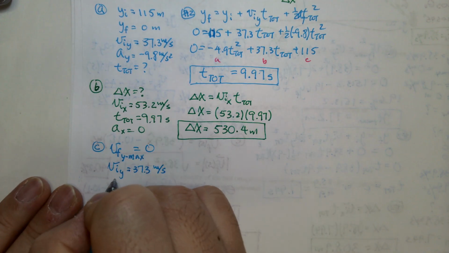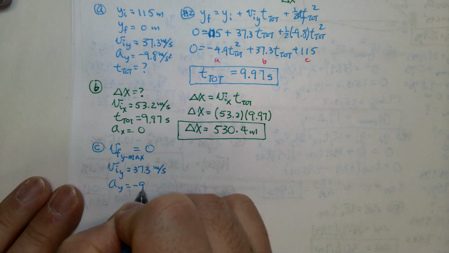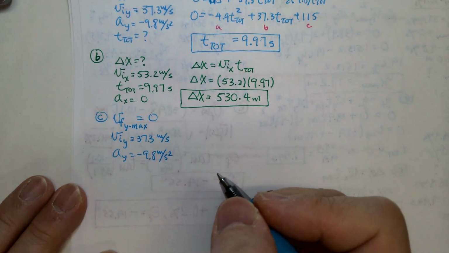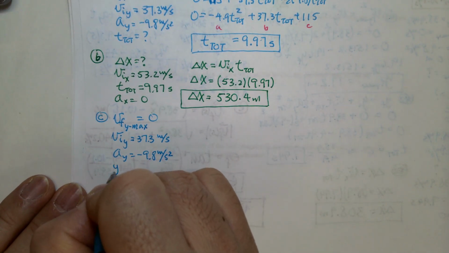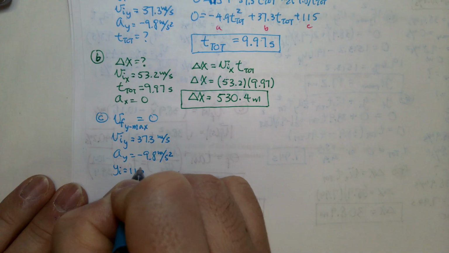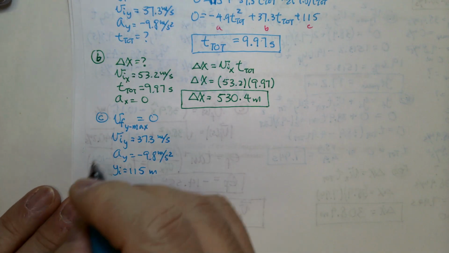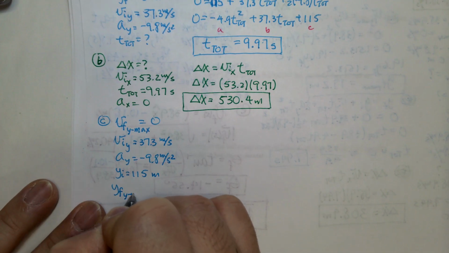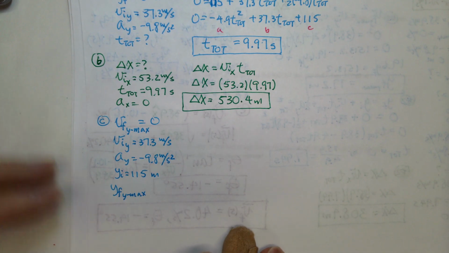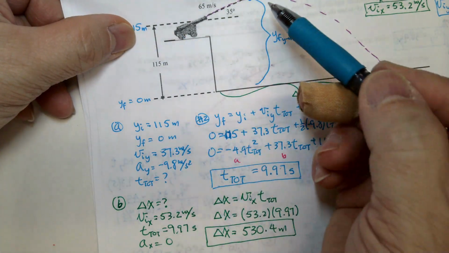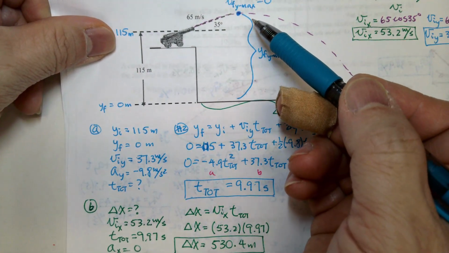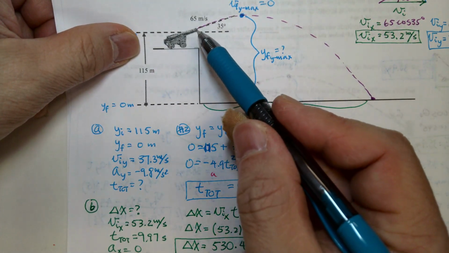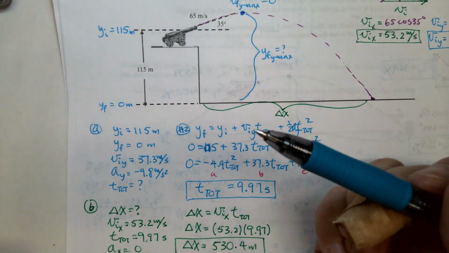I know a sub y is equal to negative 9.8 meters per second squared. And I know my y initial is equal to 115 meters. And I am looking for my y final at y max. So now here's my initial and here's my final position, right?